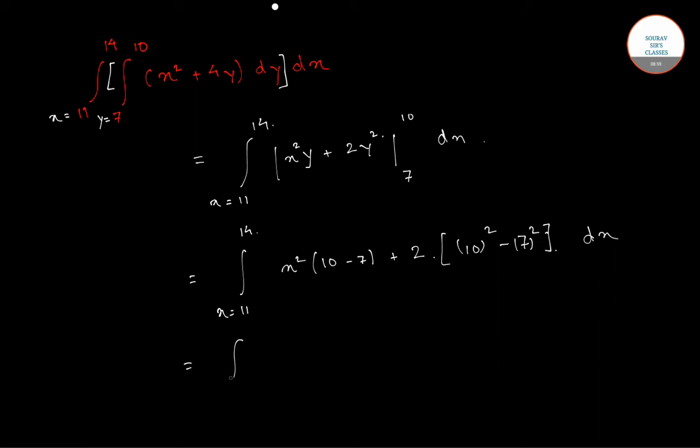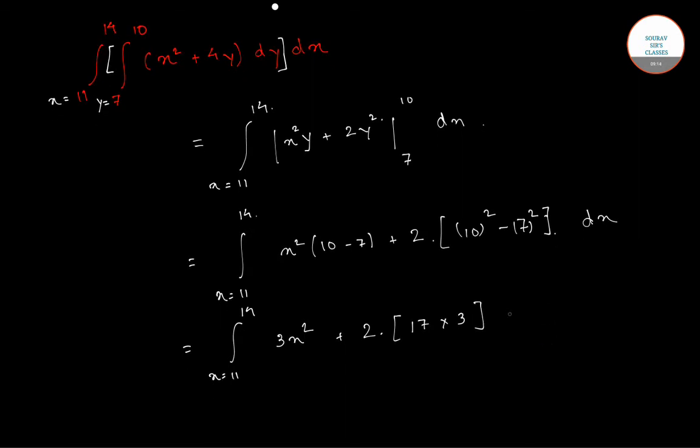So this equals the integration with x from 11 to 14 of 3x square plus 2 into 17 into 3, or 17 into 6, which equals 102. So we get the integration with x from 11 to 14 of 3x square plus 102 dx.